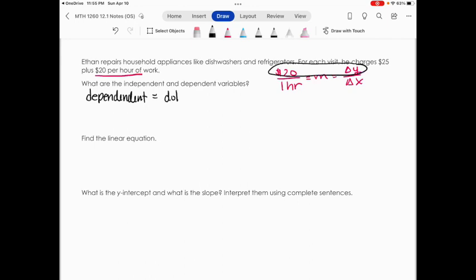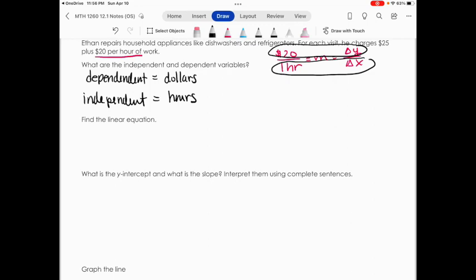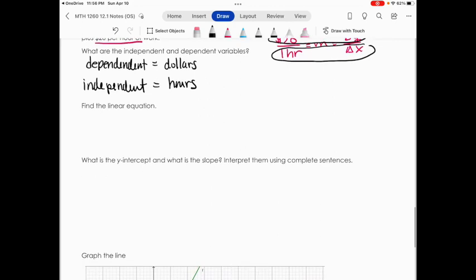That's going to be the dollars. For the independent, that's our x. So that's going to be our hours. And when you think about it, the dependent value, which is the dollars, depends on the number of hours that is worked.